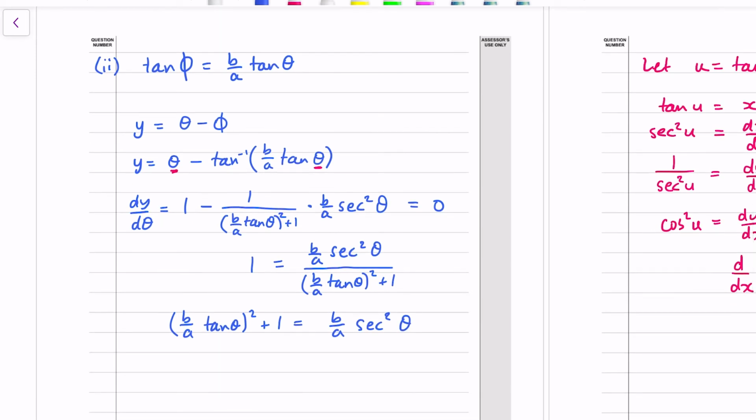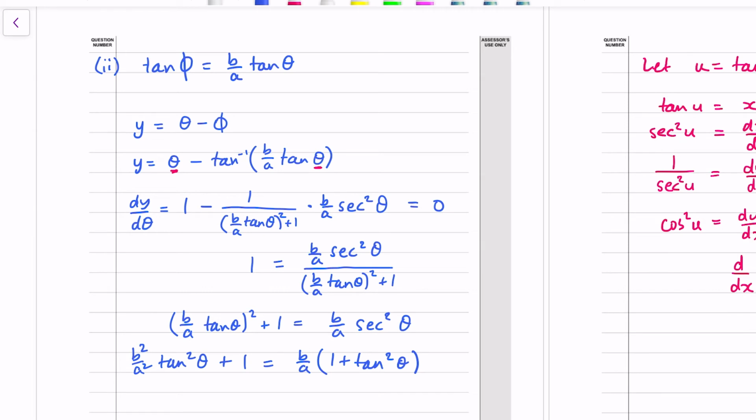Now we need to use a trig identity, expanding this out: b squared over a squared tan squared theta plus 1 equals b over a, and sec squared is equal to 1 plus tan squared. So I've got, oh, is this even nice?